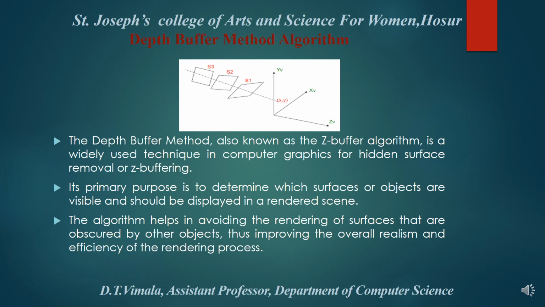Its primary purpose is to determine which surfaces or objects are visible and should be displayed in a rendered scene. The algorithm helps in avoiding the rendering of surfaces that are obscured by other objects, thus improving the overall realism and efficiency of the rendering process.